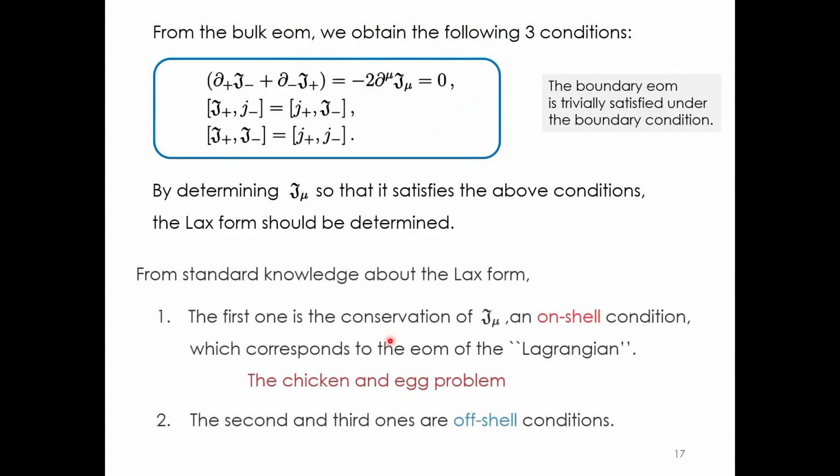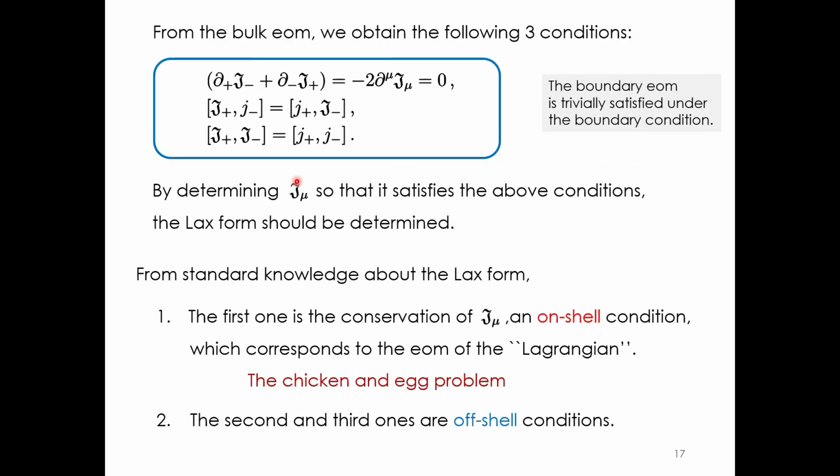So we need to consider this type of chicken and egg problem. This is the confusing and interesting point. Anyway, I will answer this problem soon. Then the second and third conditions are off-shell conditions. So these conditions should be satisfied somehow without using equations of motion.